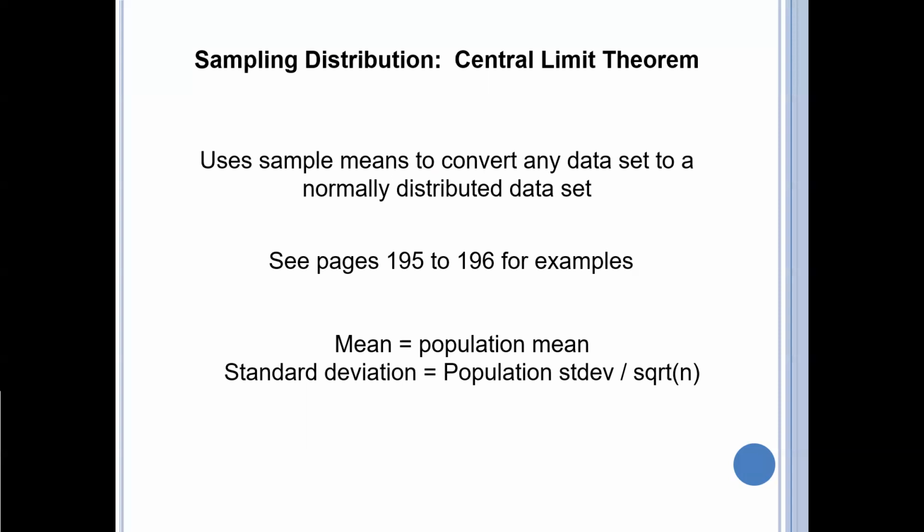And it's a very simple adjustment. The mean still stays the same, but the standard deviation of the curve gets adjusted, and you end up taking the original standard deviation of the curve and you simply divide by the square root of your sample size. So again, if you were trying to figure out the probability that a sample of 10 people had an average weight of blank or higher, right?